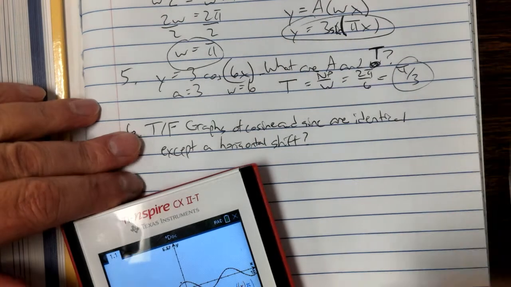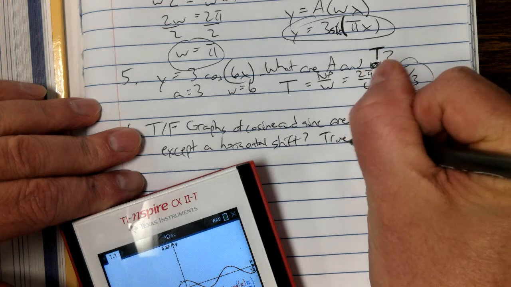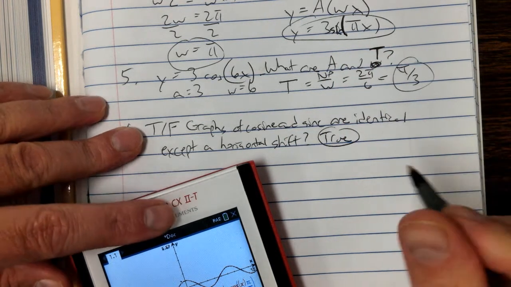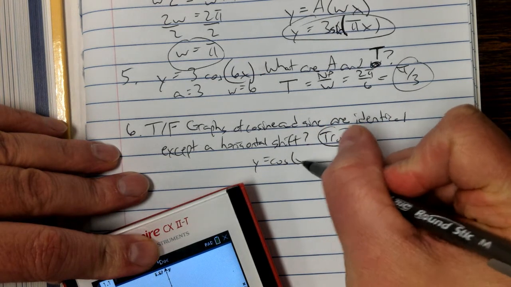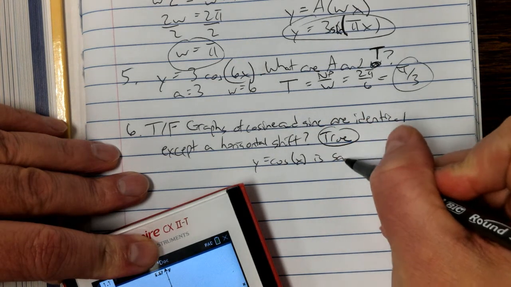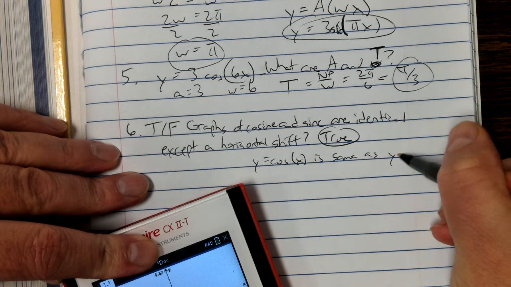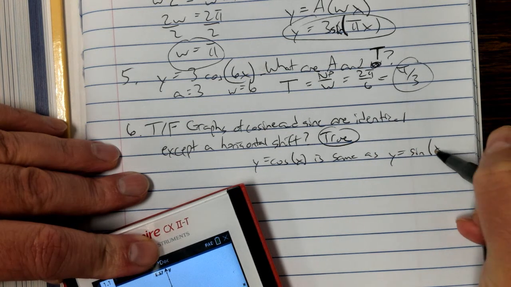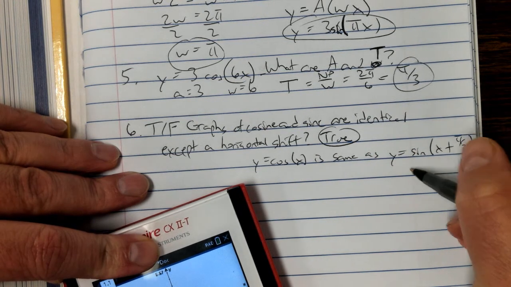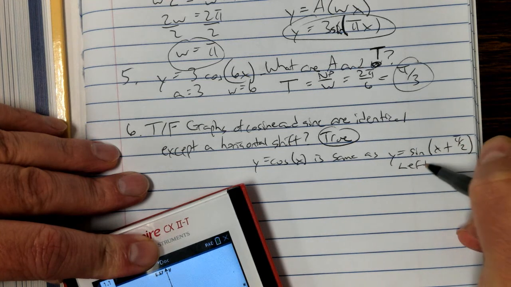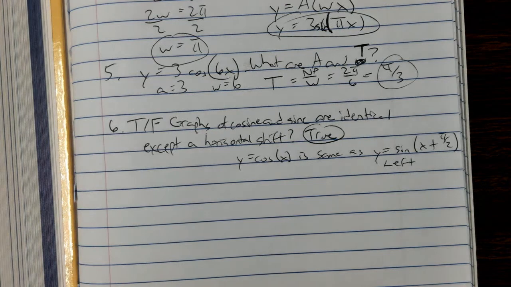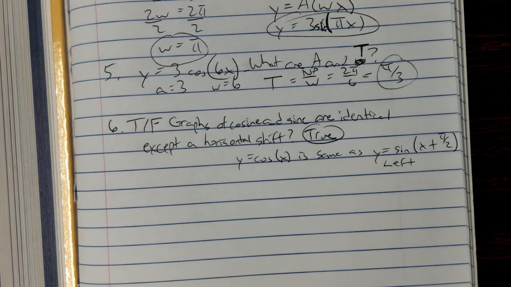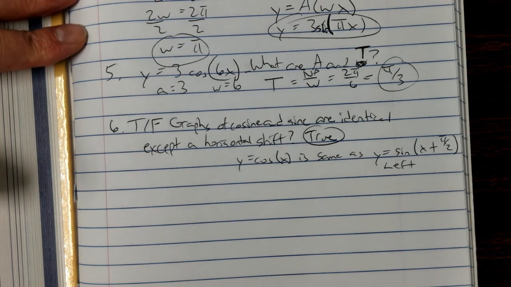So sometimes you have to work through things to understand it. And this one is y equals cosine x is the same as y equals sine x plus pi halves. So when you shift sine left, then it's the same as cosine. Any questions?